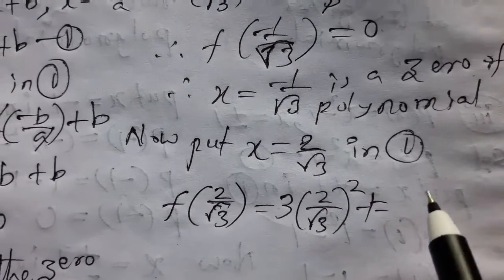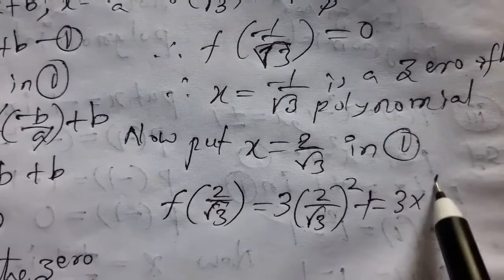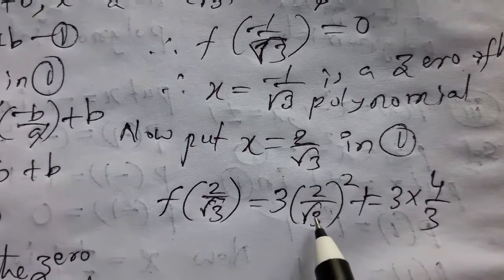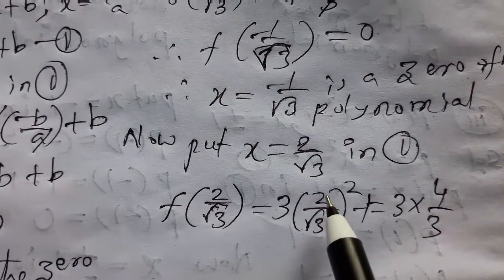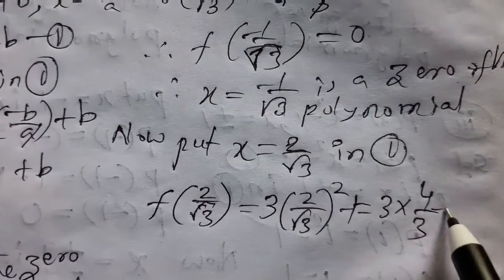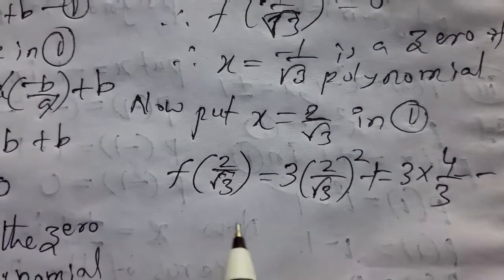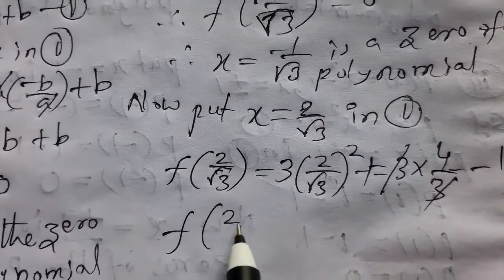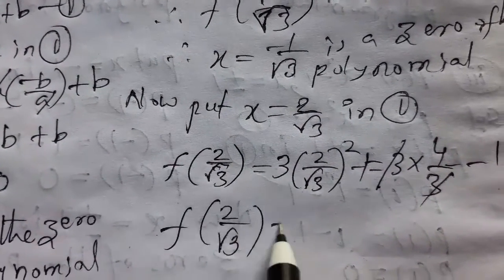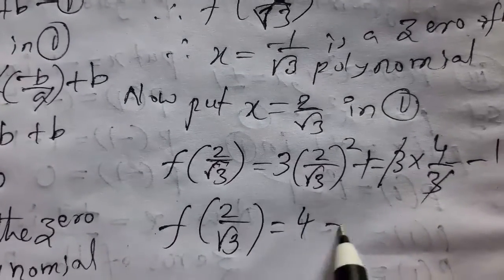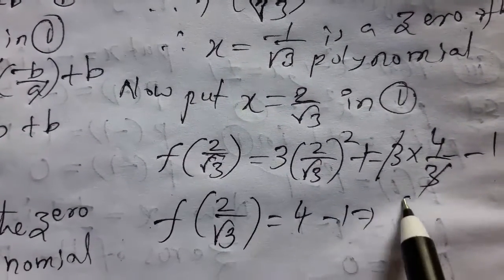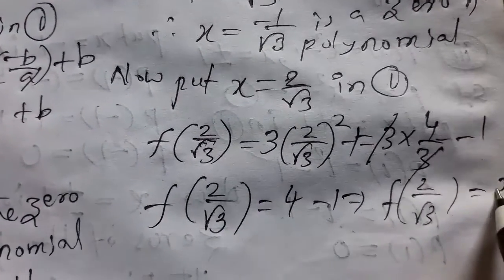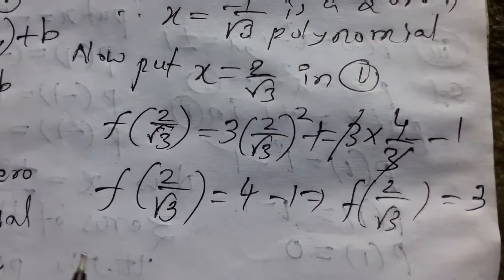This becomes 3 into 4 by 3, since root 3 square is 3 and 2 square is 4. Now minus 1. Here the 3 in numerator and denominator cancels. F of 2 by root 3 equals 4 minus 1, which becomes 3.